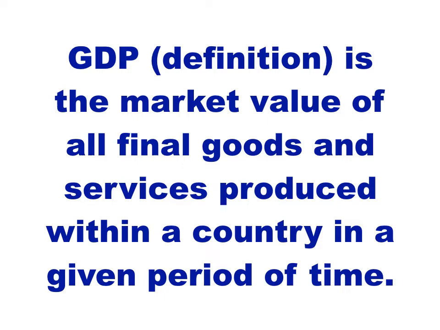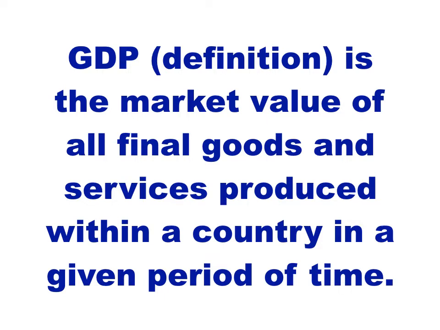So we've got the market value. The market value is the price of the good or service multiplied by the quantity of that good or service. Now, this price can either be a constant price. This is how we would get real GDP. Or it could be a current price, which is how we would get nominal GDP.